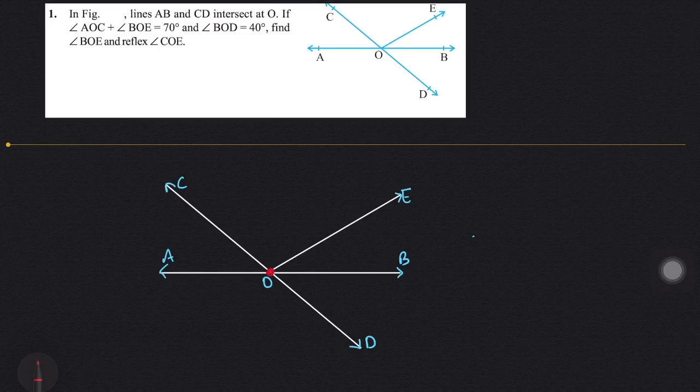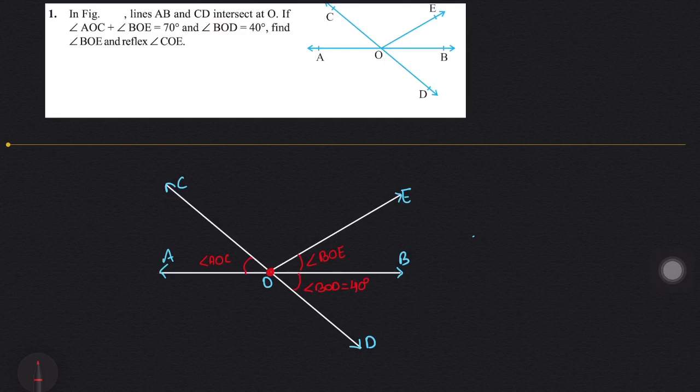And angle AOC plus angle BOE is equal to 70 degrees, and the given angle BOD is equal to 40 degrees. So BOD means this value is equal to 40 degrees. Then find angle BOE and reflex angle COE.